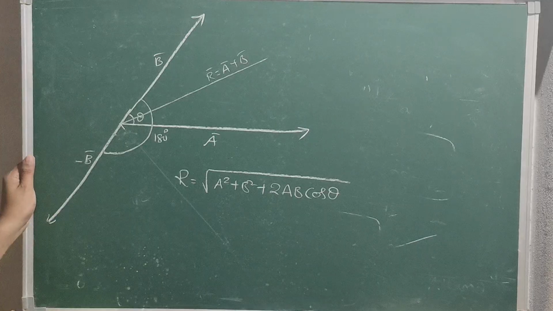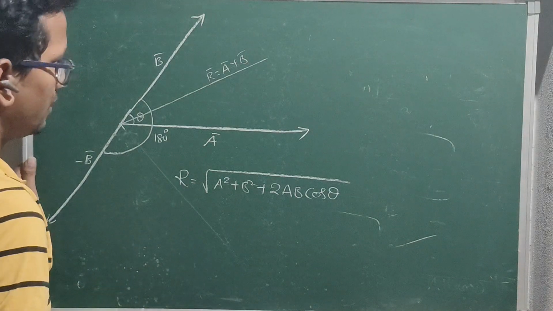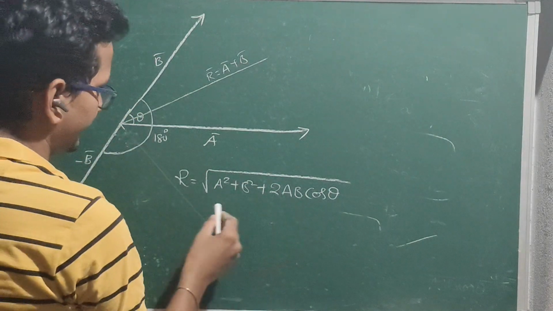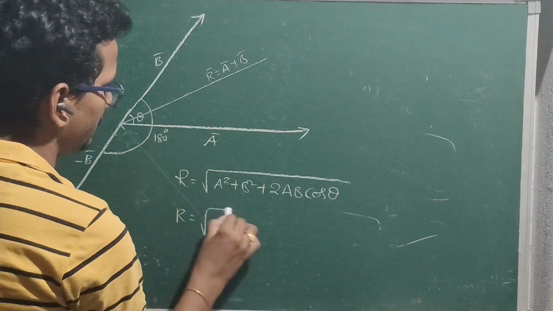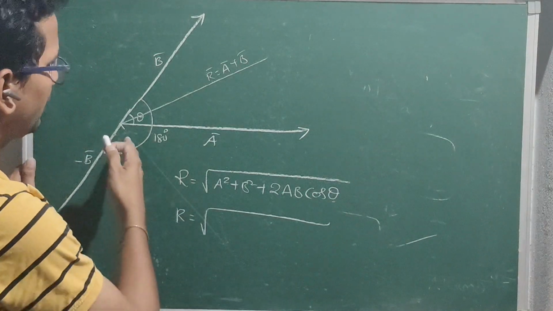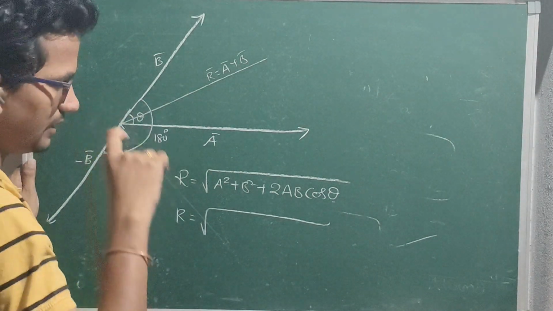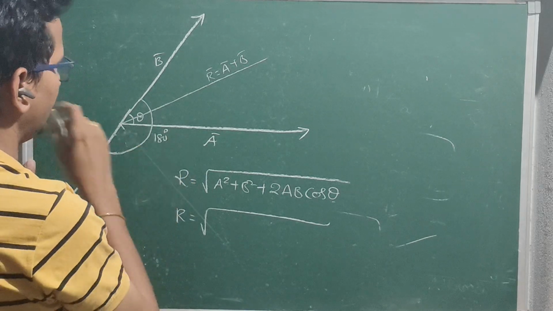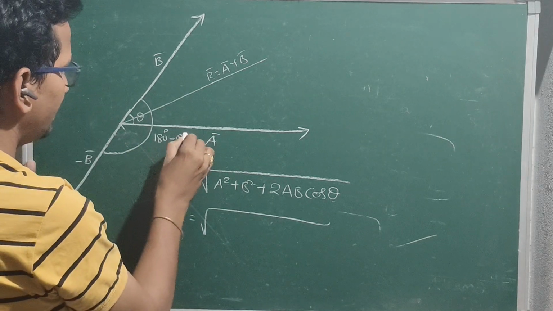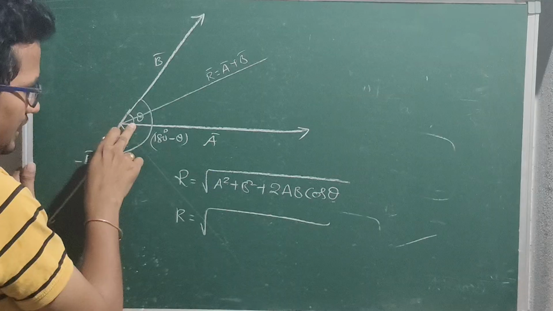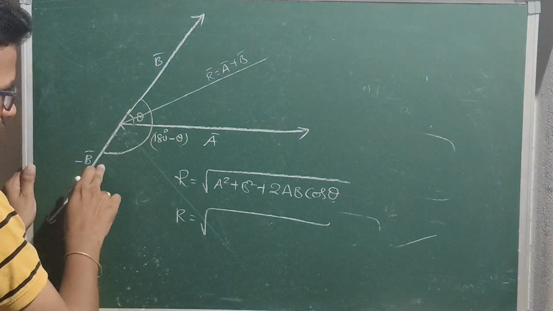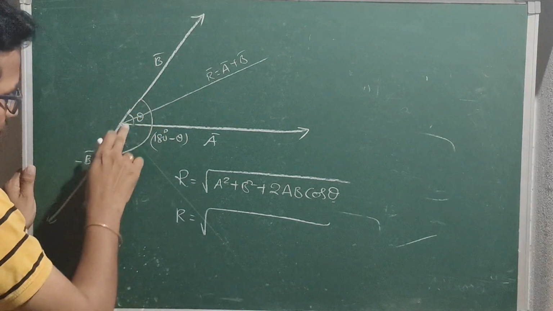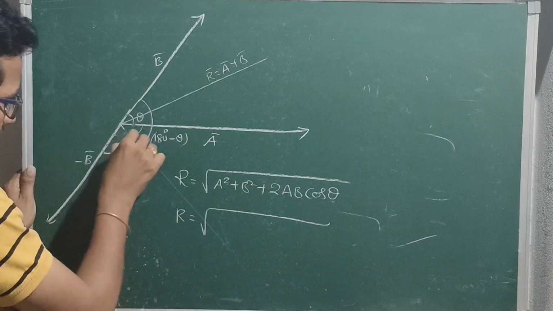Based on the cos theta, we write R is equal to, in place of theta, 180 minus theta. Why 180 minus theta? Because theta has already been completed, the total is 180, so we remove this value and take the remaining value.